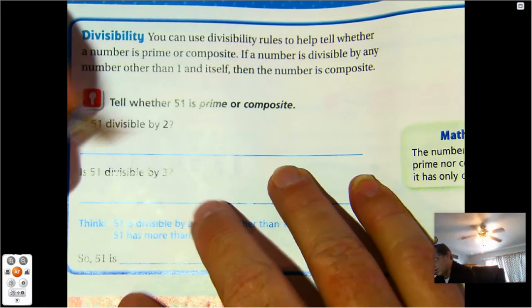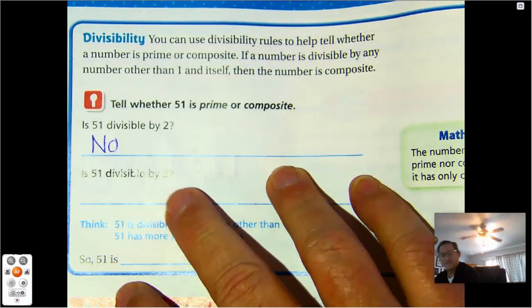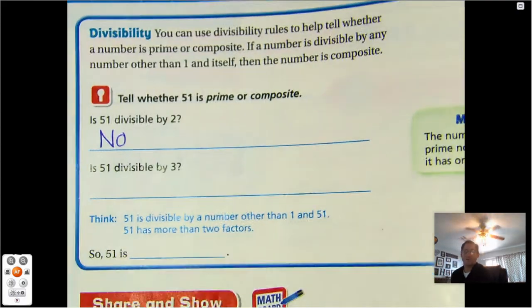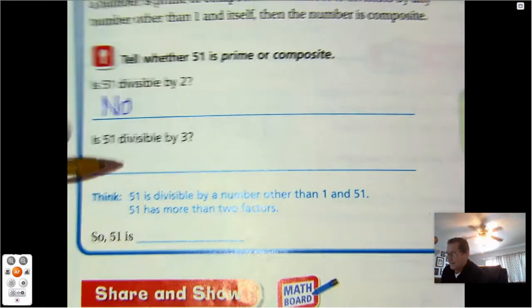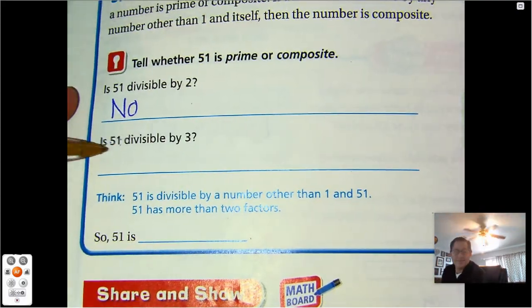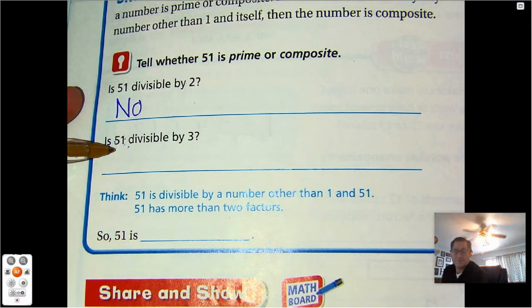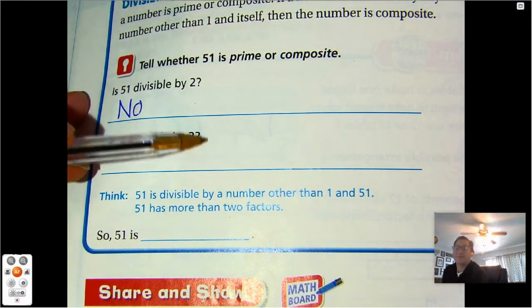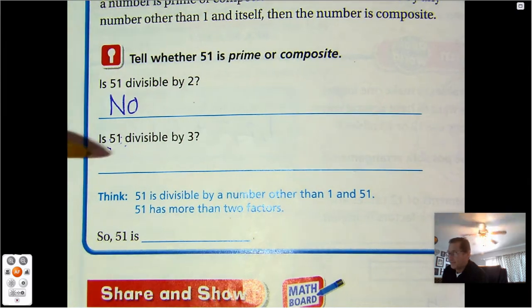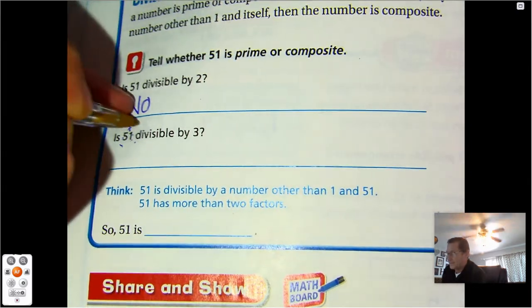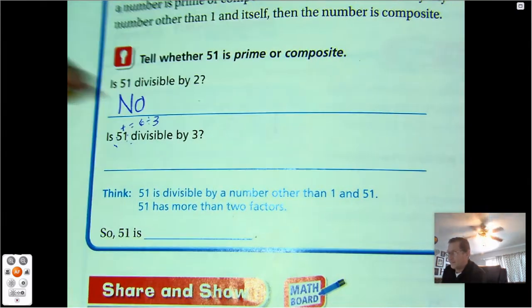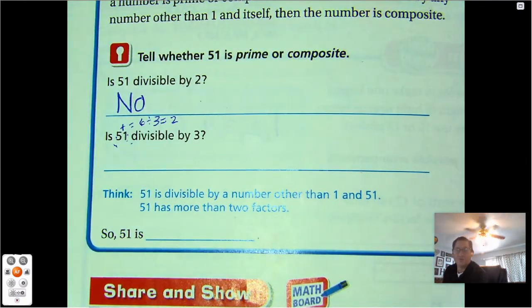No. Is it divisible by 3? Well, the divisibility rule for 3 says that if you add up the sum of the digits, and if it's divisible by 3, then that number is divisible by 3. 5 plus 1 equals 6. 6 divided by 3 is 2. So 51 is divisible by 3.